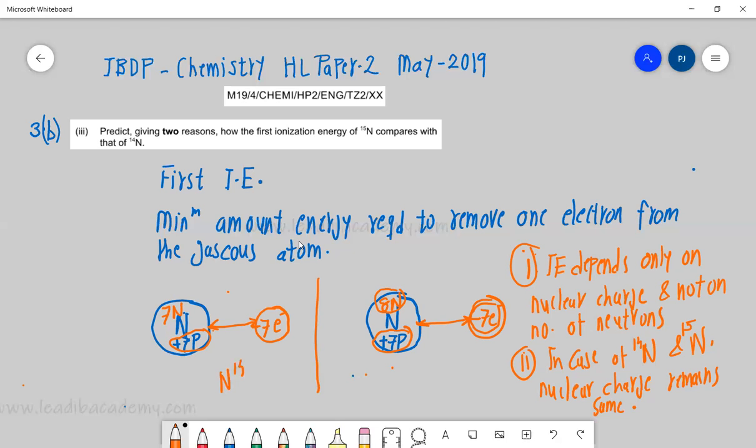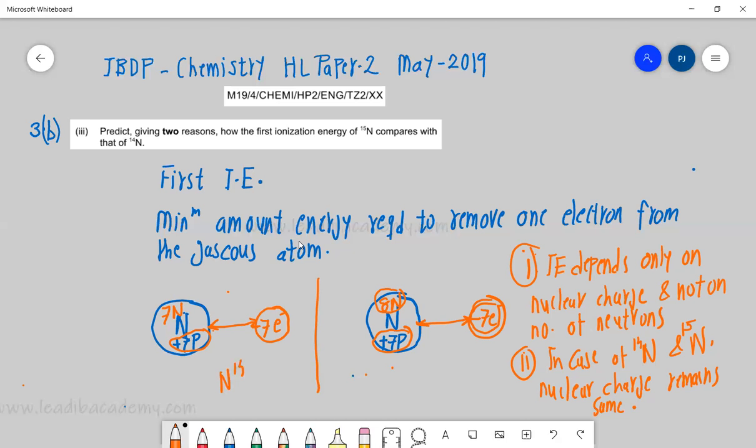Straightforward. It should be very clear that N14 and N15 are isotopes. So in case of isotopes, the number of protons and electrons do not change. The only difference is the number of neutrons inside the nucleus. And neutrons being neutral, they do not play any role in terms of the attraction.